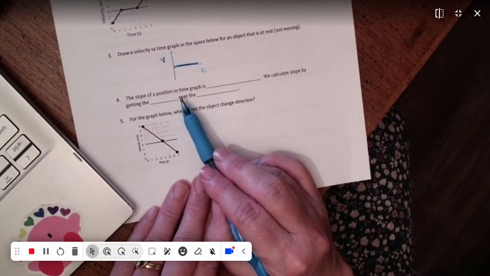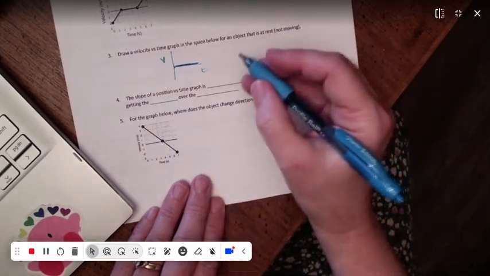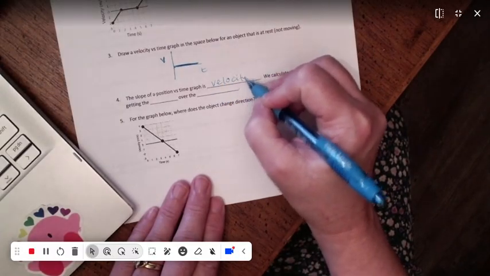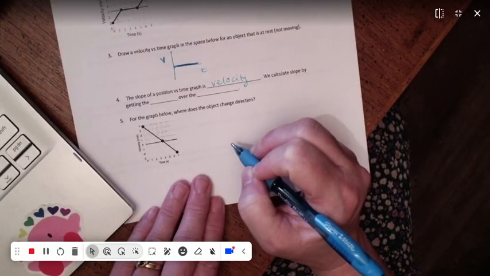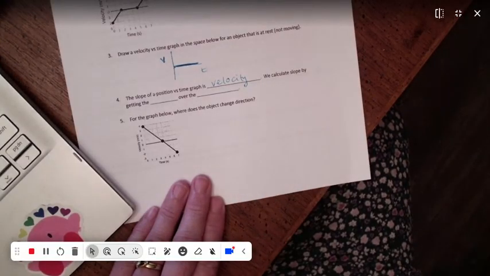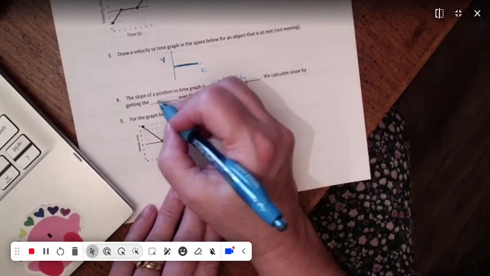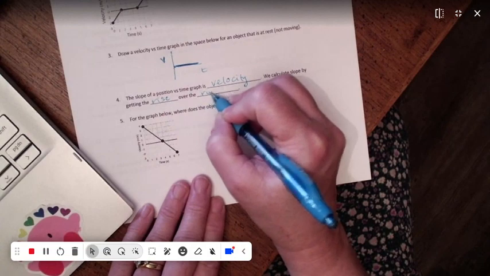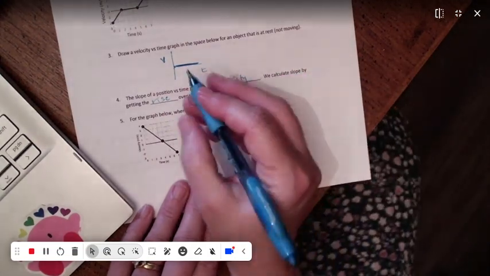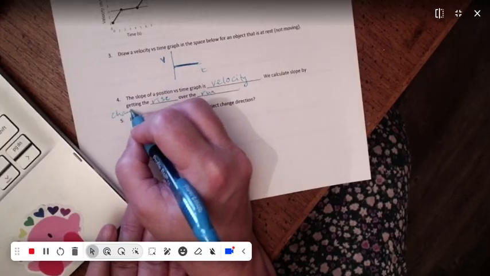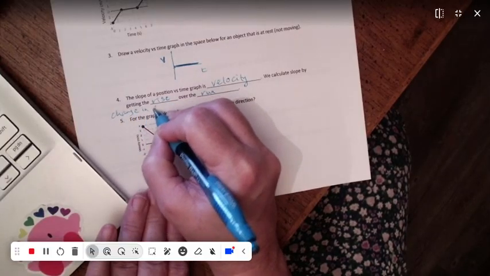The slope of a position versus time graph is velocity. So I just talked about that a few minutes ago. That's my change in position divided by my change in time. We calculate slope by getting the rise over the run. Okay, and in the case of this type of graph, my rise is my change in position.